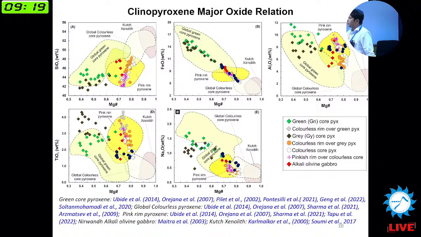Whereas the gray and the green cores are enriched in Fe and have a higher sodium content, the unzoned clinopyroxenes and the zoned P1 type pyroxenes have a lower Na2O content. The distinction between the gray core and the green core is that the gray cores are more enriched in titanium, whereas the green cores have a lower titanium content.